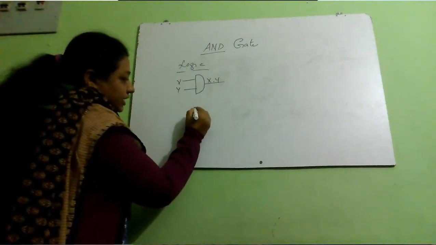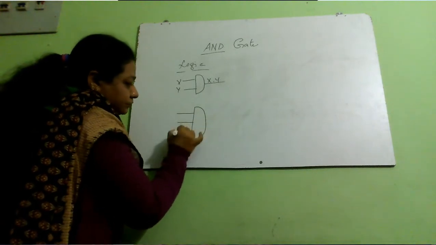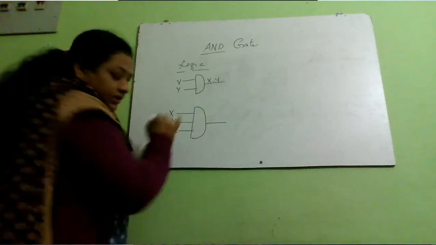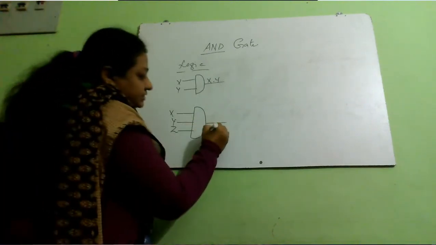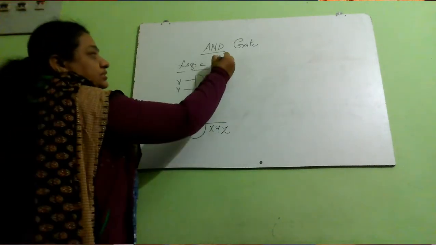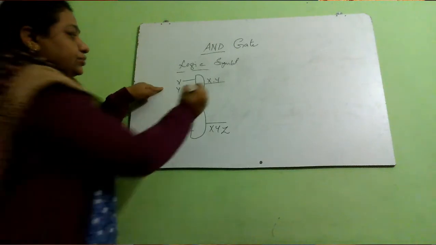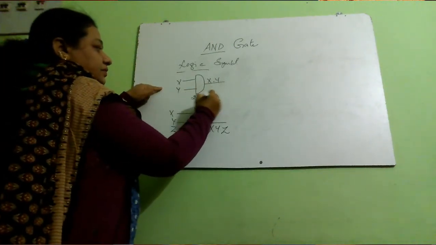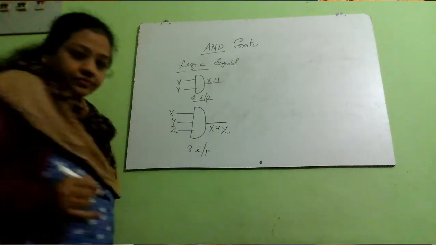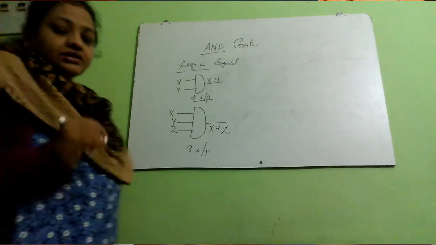Let us check out the logic diagram and the truth table for the AND gate. The logic diagram of the AND gate is as shown here. An AND gate can have two or more inputs and there is one output. For example, the two inputs are x and y and the output is xy, or x dot y.